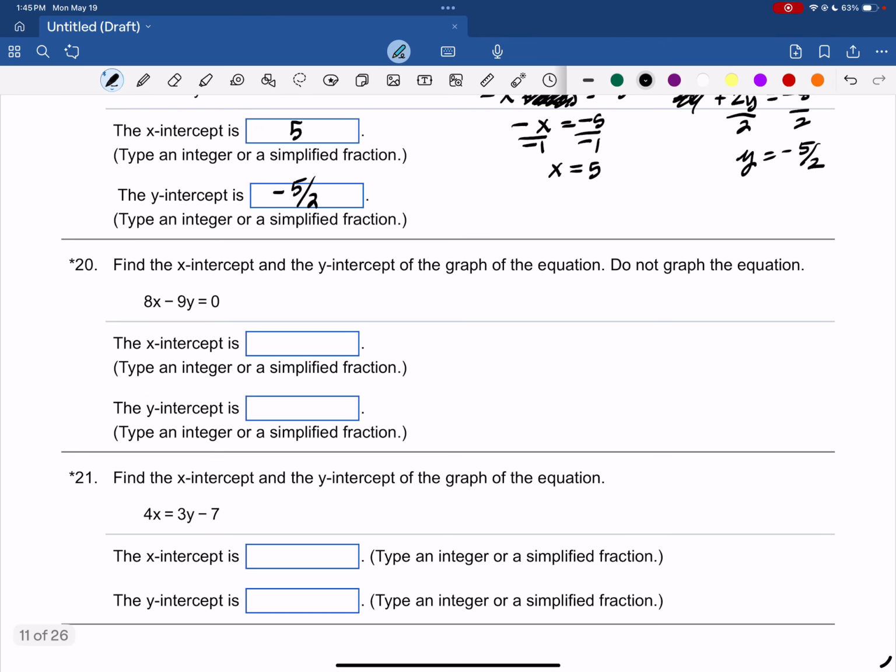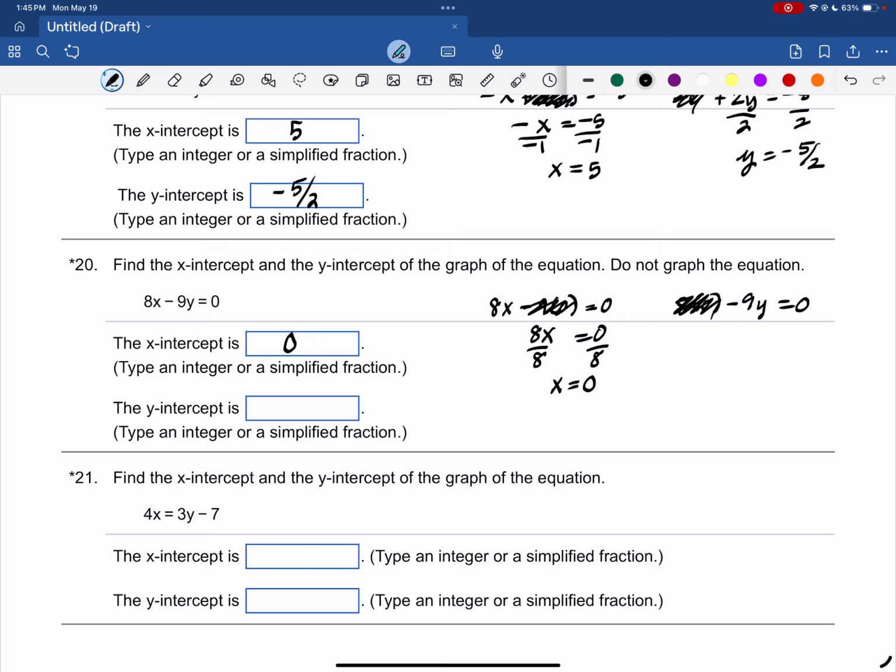Now this one's a little unique because watch what happens. 8x minus 9, I'm doing the x-intercept, so let the opposite one of the y be 0, equals 0. 8x equals 0. Now I'm going to divide by 8. X is equal to 0. When I do the y-intercept, 8 times 0 minus 9y equals 0.